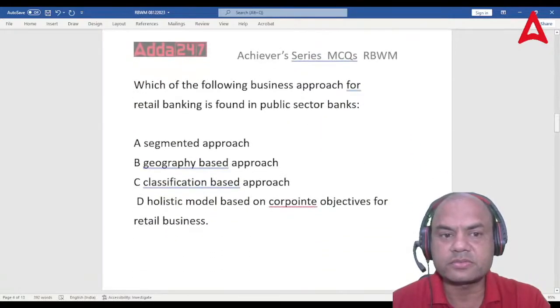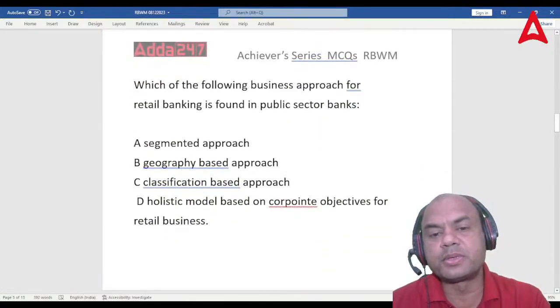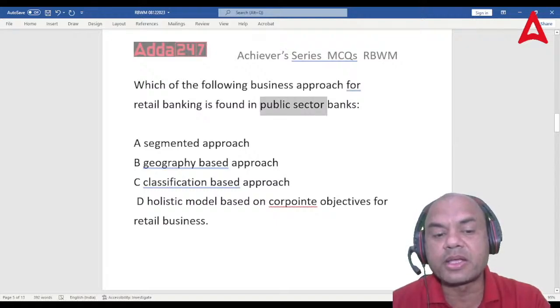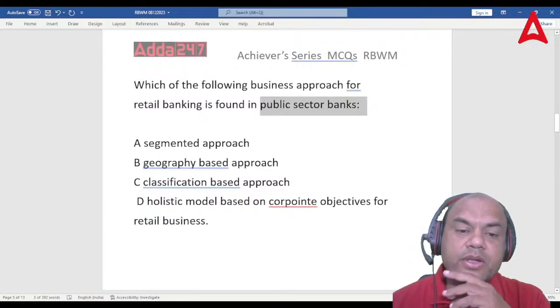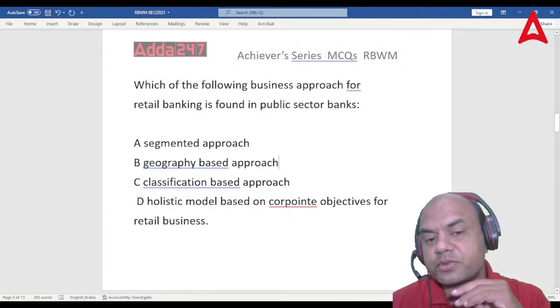Next one. Which of the following business approaches for retail banking is found in public sector banks? Now you will get confused over here.